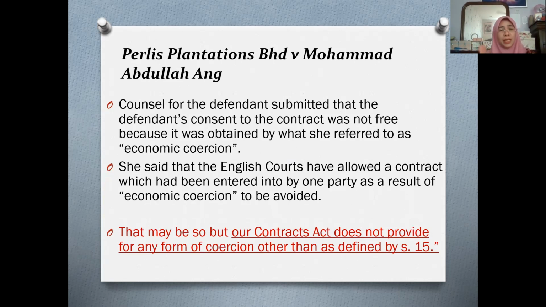But the court said, yes, we agree that may be so. But as far as our Contracts Act is concerned, it does not provide for any form of coercion other than as defined by Section 15. And that's it. It's like a closed door approach or concept. No room to apply economic duress. So that one was in 1988.